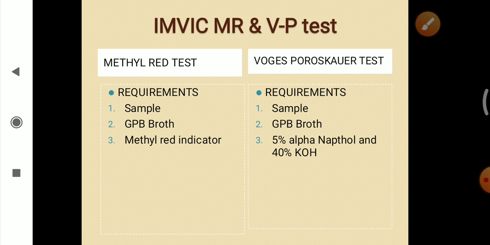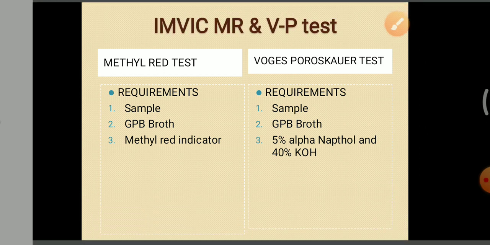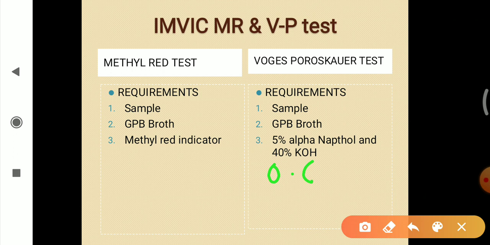On the next day, after 24 hours, we will take out our tube and add the 5% alpha naphthol and 40% KOH: 0.6 ml alpha naphthol and 0.2 ml KOH per 1 ml, which means that if our GPB broth is 1 ml, in that we will add 0.6 ml alpha naphthol and 0.2 ml KOH.